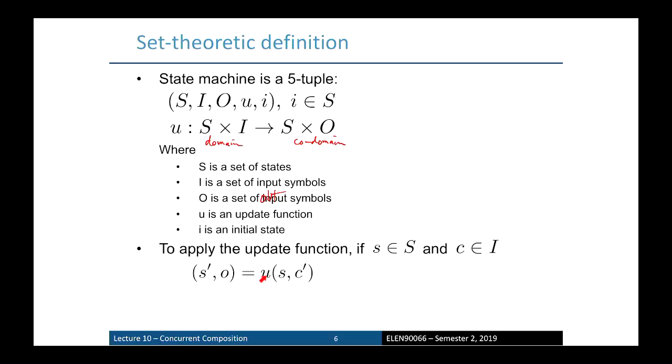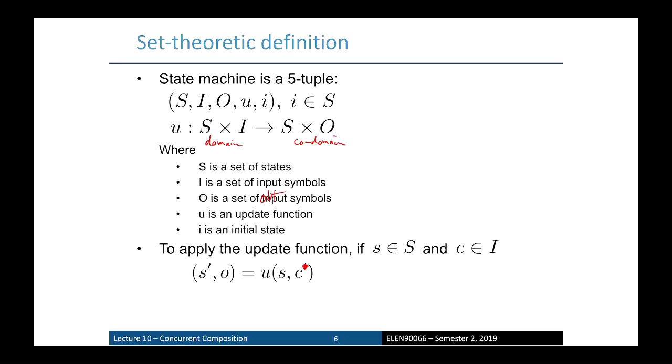So we apply a function update to some S, which is a member of the set of states, and we have C as being a member of the inputs. The mapping here maps from one element of the state to another element, S prime, and maps a particular input, call it current input, C, to an output. Okay, where output is a member of the space of outputs.